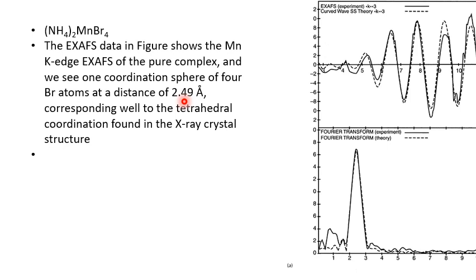This is done by complicated calculations, corresponding well to the tetrahedral coordination found in the X-ray crystal structure. In the X-ray crystal structure the same tetrahedral structure is obtained for this complex, and in the EXAFS data a tetrahedral structure is obtained.